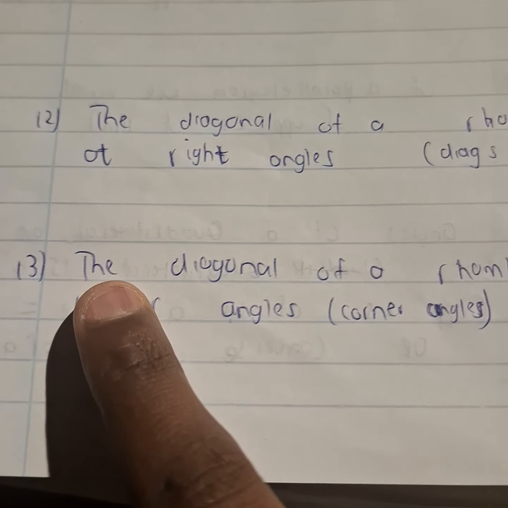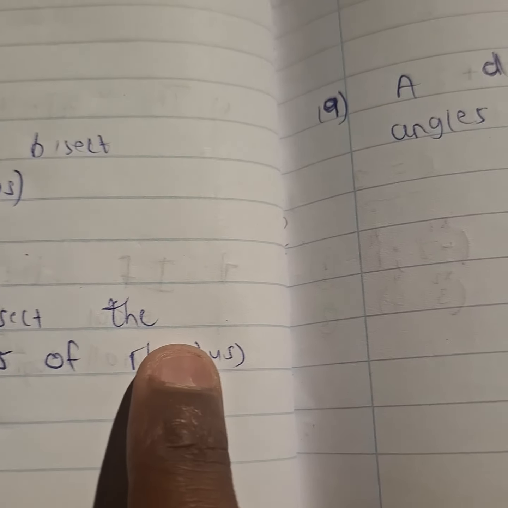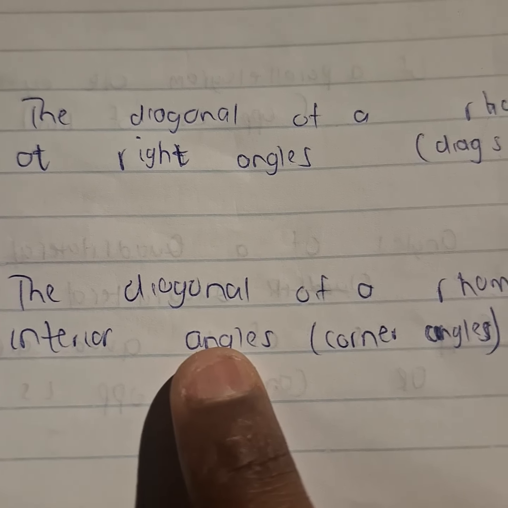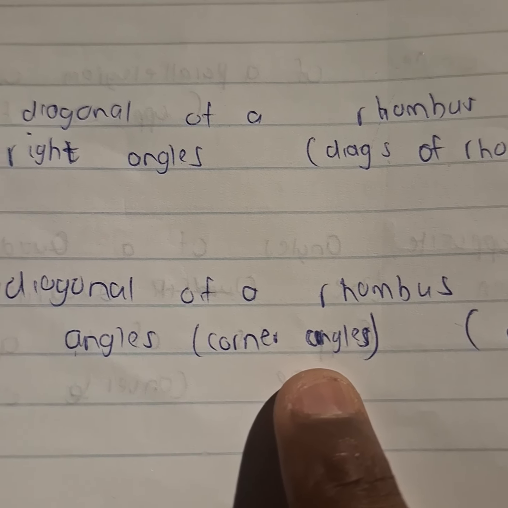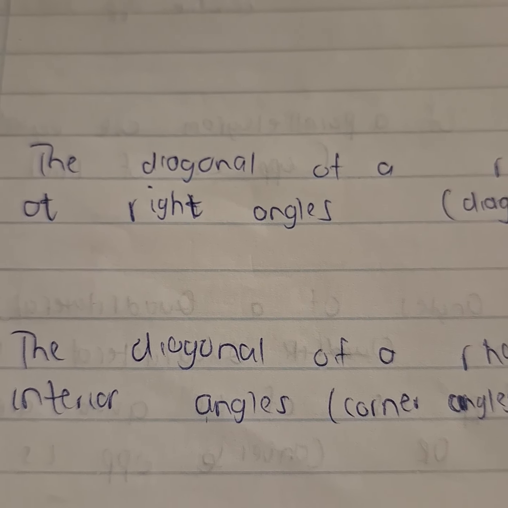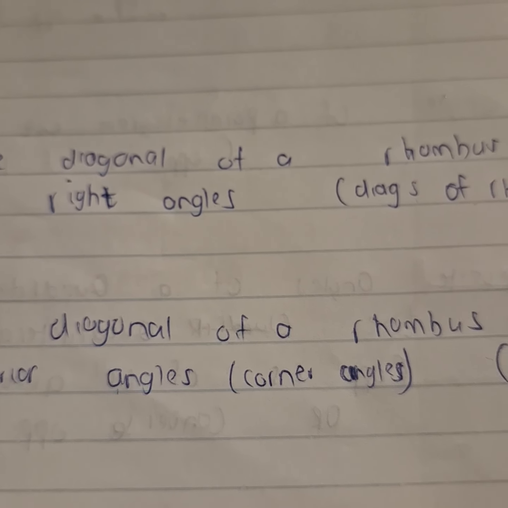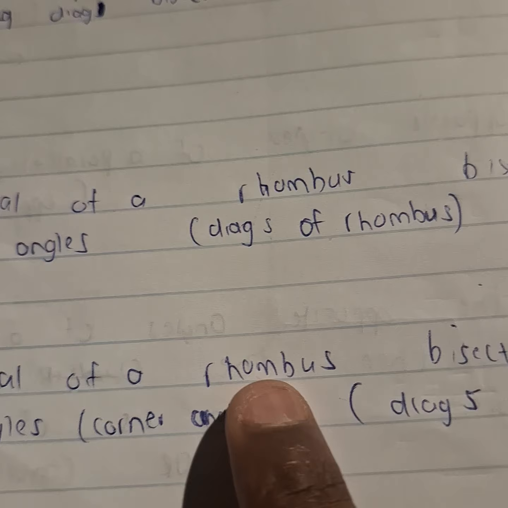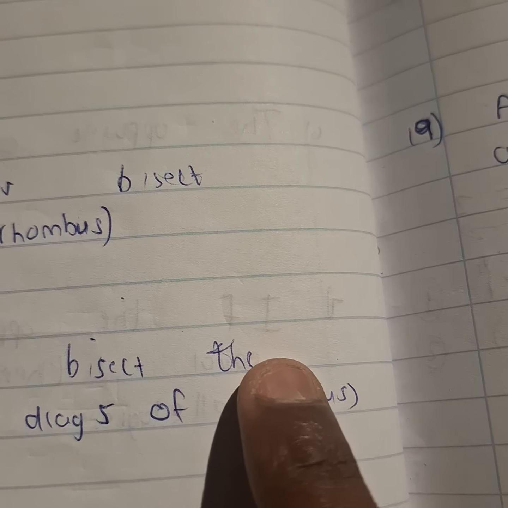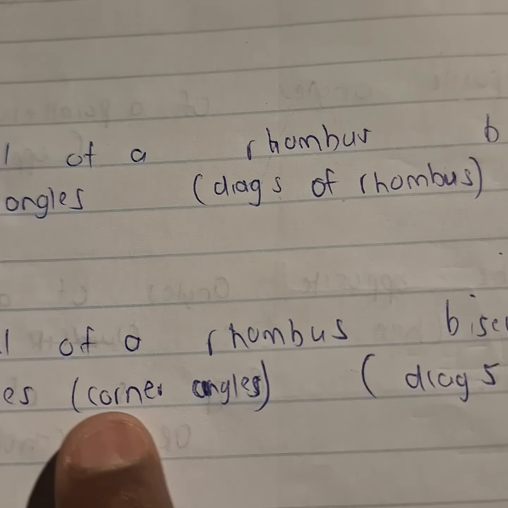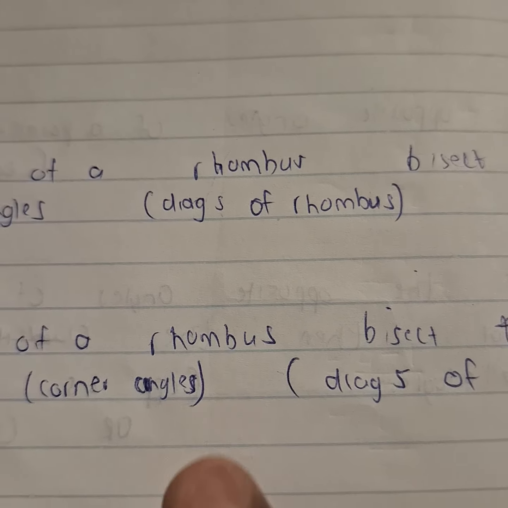Number 13, the diagonals of a rhombus bisect the interior angles, the corner angles. They divide the corner angle into half, right? So the diagonals do that in a rhombus.